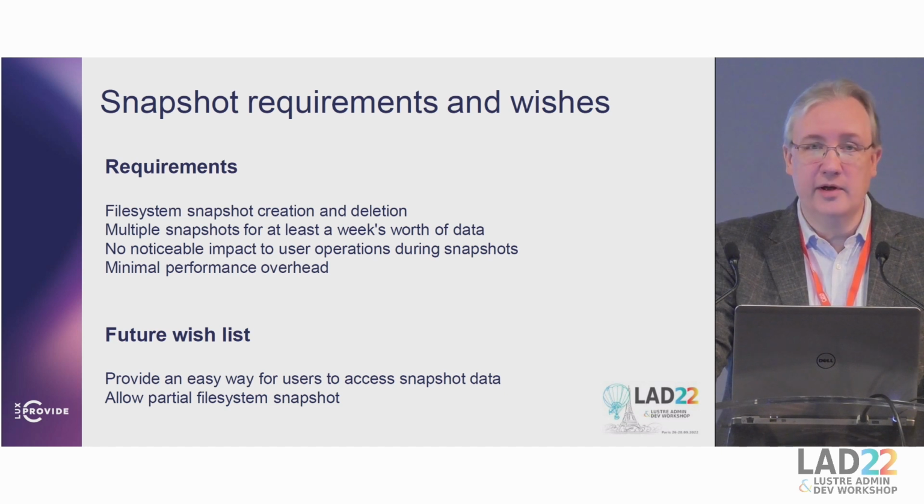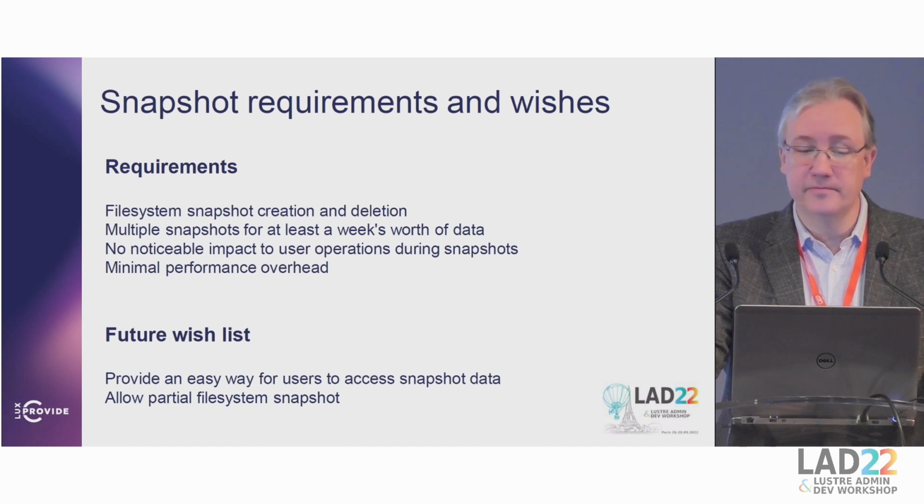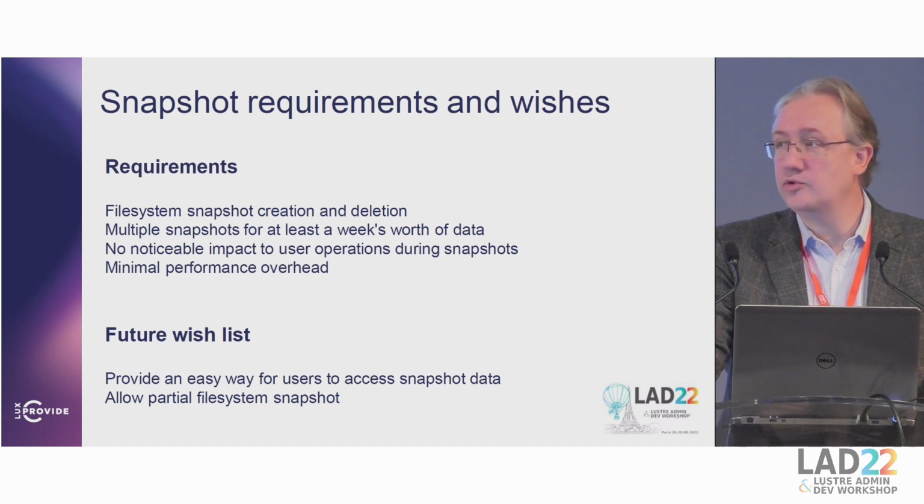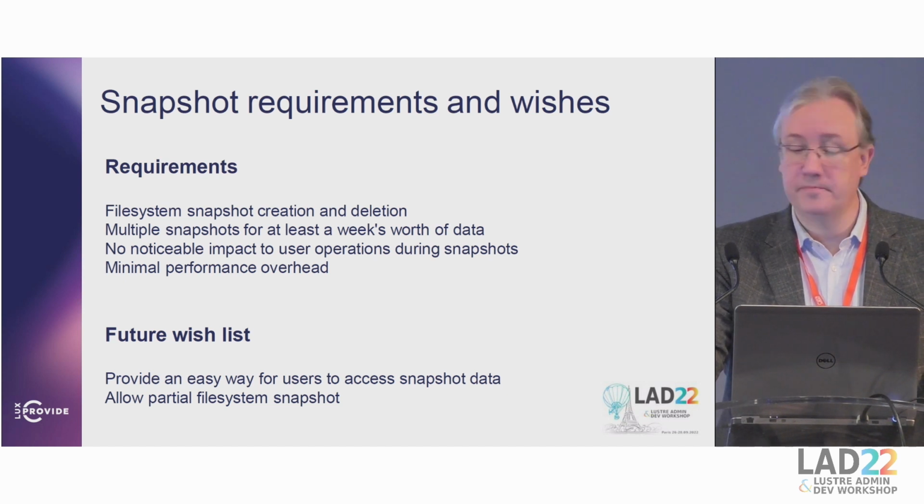So from a snapshot perspective, we were of course looking for creation and deletion. Multiple snapshots needed to be taken to be able to hold a week's worth of data. These snapshots could not have a real noticeable user impact when creating snapshots. And they should have a minimal performance impact when the snapshots are in place on the system.